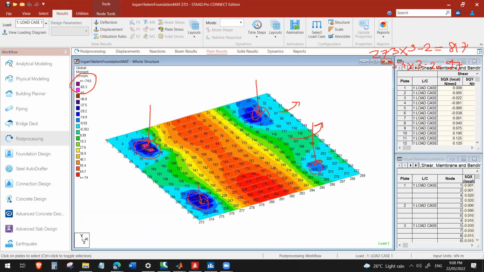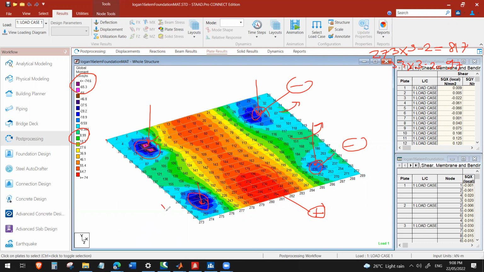There, and this one, these are all positive moment in terms of STAAD's convention. So these are negative moment, and this one is positive. This is also positive.